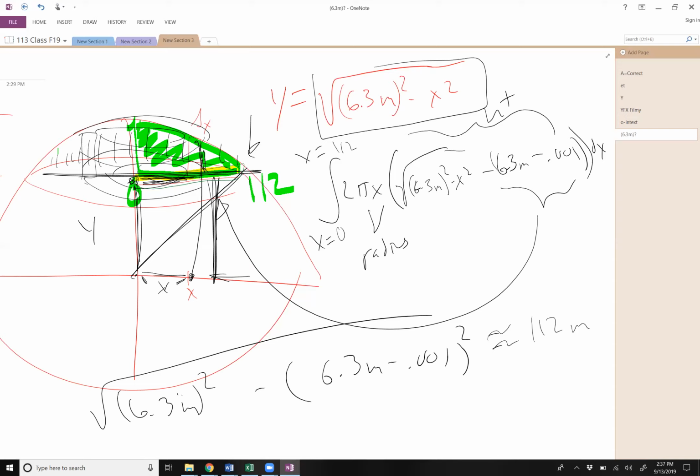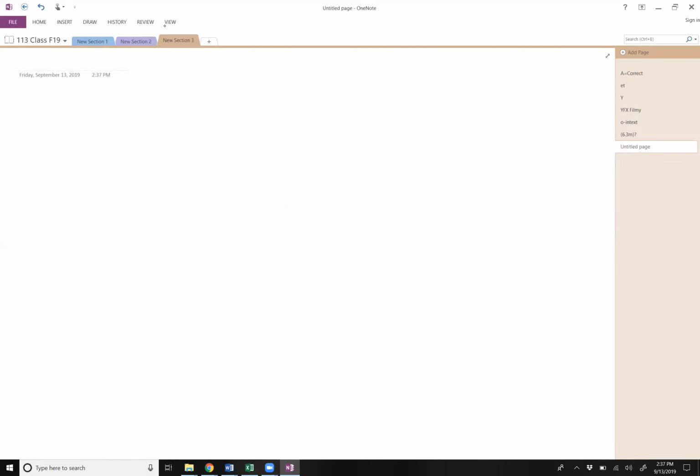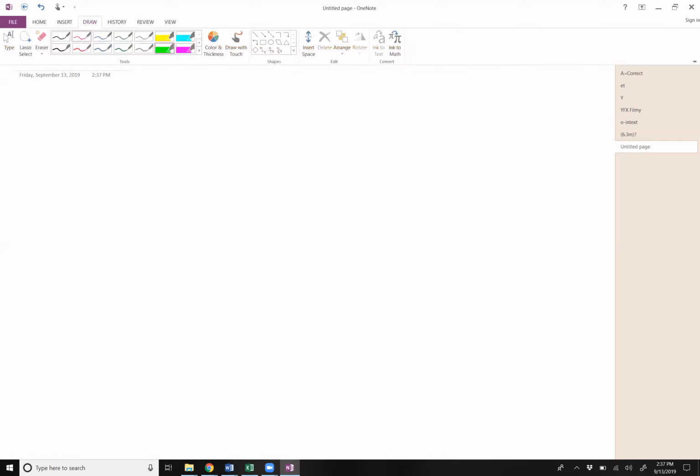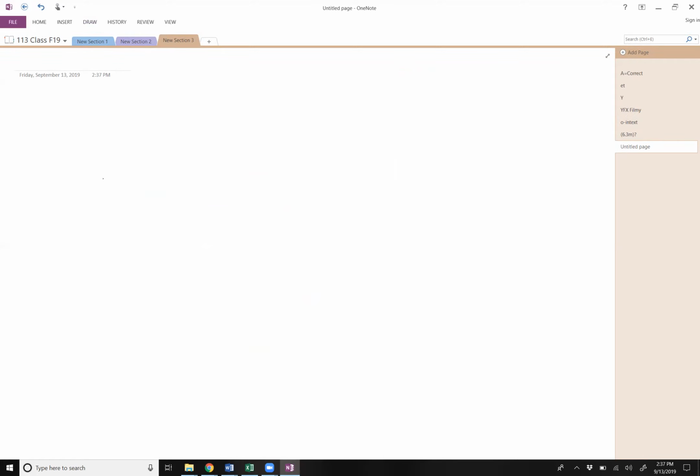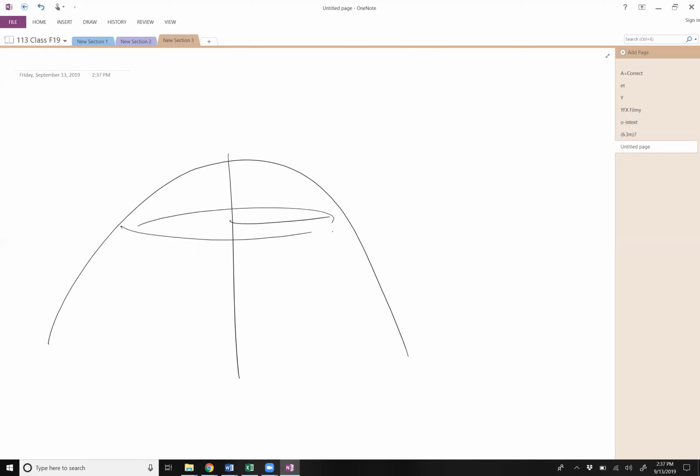Good. Questions about this problem? Yes. How did I get the bounds? Okay. So this is the radius.